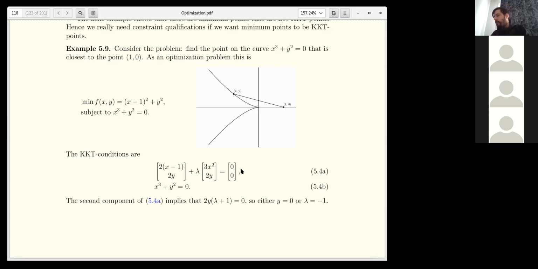Remember, I justified this: if you're moving along this curve, you look at the directional derivative of the function and the directional derivative of the function that defines this curve. They must be pointing in the same or the opposite direction, so that there is no angle between this line and the gradient of the function, and we can move along this line to make it smaller.